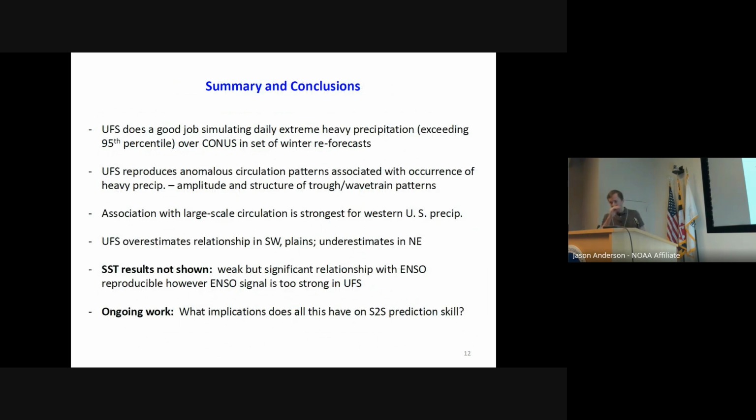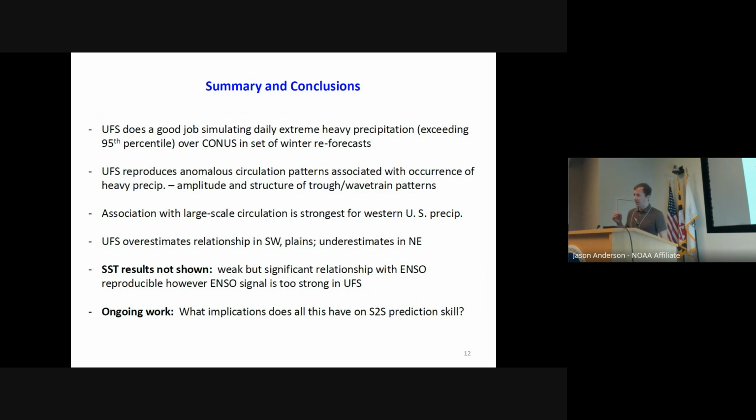That's actually all I have. Maybe if I have a little time, I might show an SST result. But yeah, UFS did a pretty good job reproducing the association between extreme precip and circulation. There were some differences in the plains and the Southwest, but overall it was pretty good.